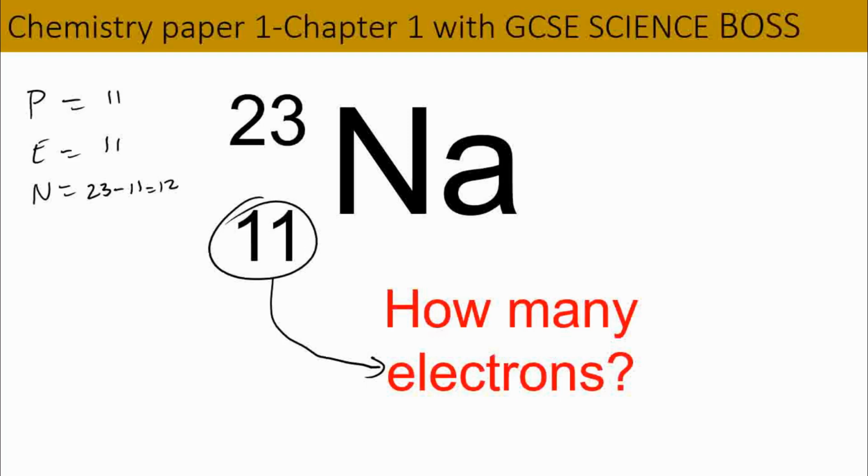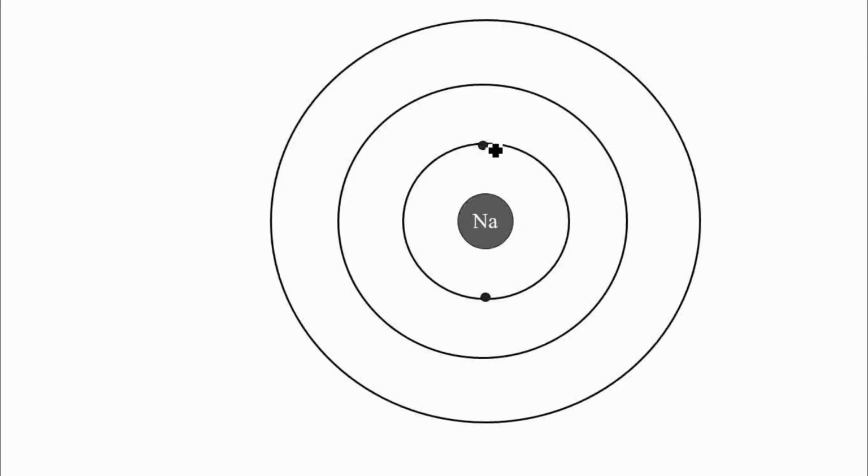So how many electrons do we have here? 11. Okay, good. So putting them on the shells, I have 2 on that first shell. I'm going to have 8 on the next shell. When doing electrons, you can use dots or you can use crosses, okay? The next example, I'll use crosses. So I've used 2 electrons so far. Remember we said that we started off with 11 electrons, okay?